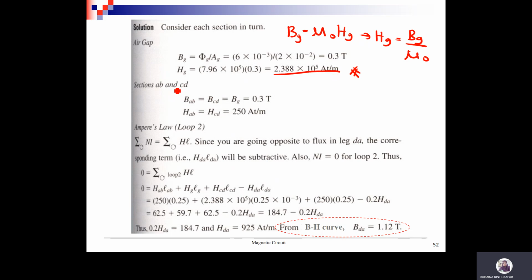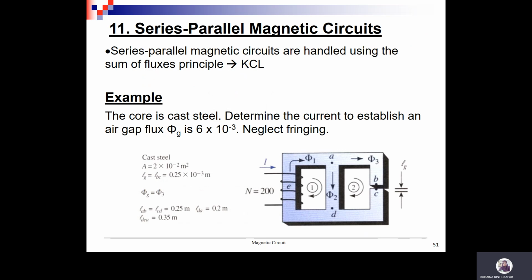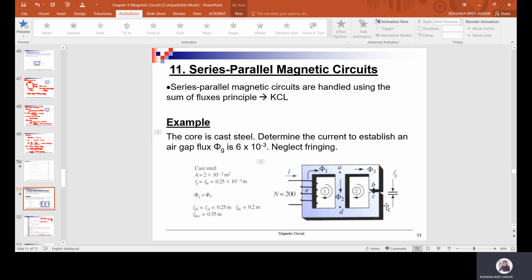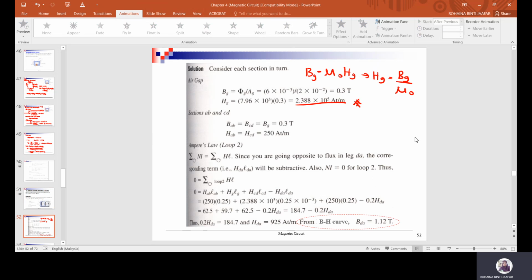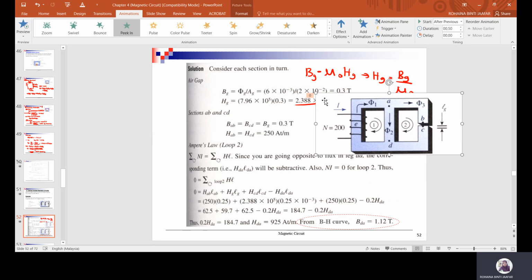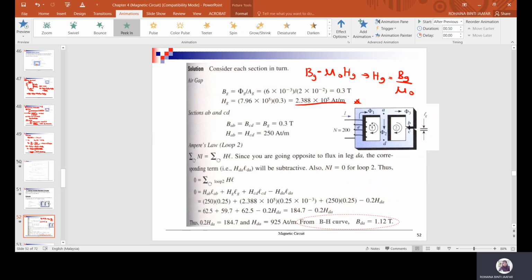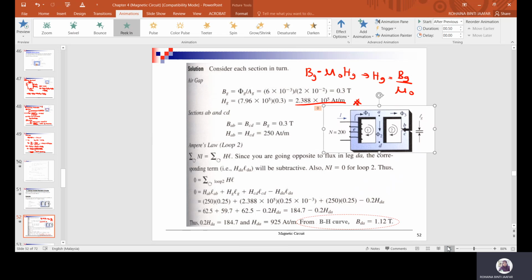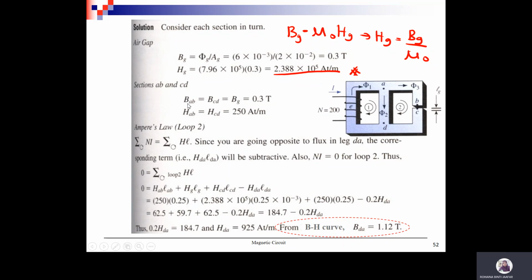And then sections AB and CD. Section AB is equal to section CD, and the air gap happens here.